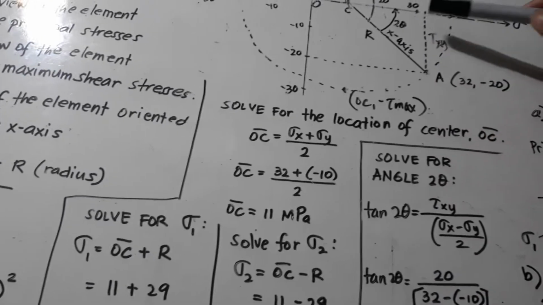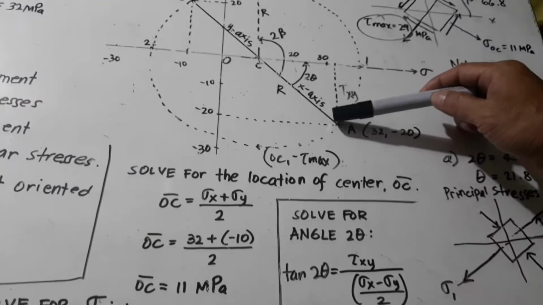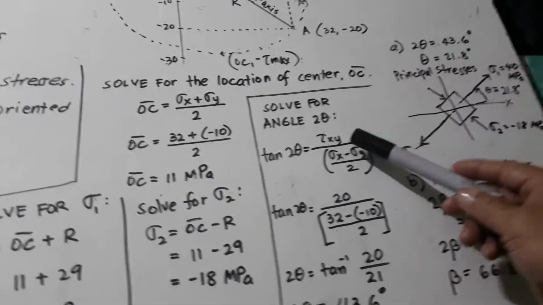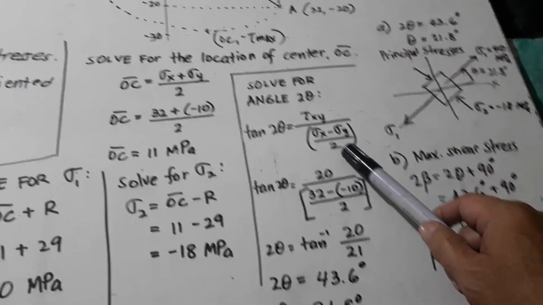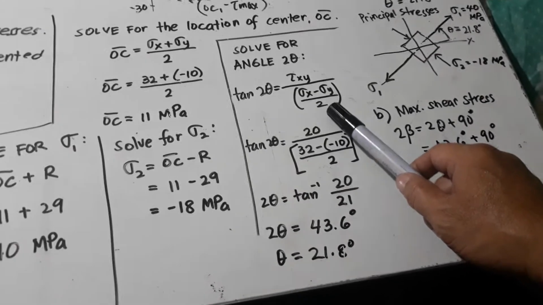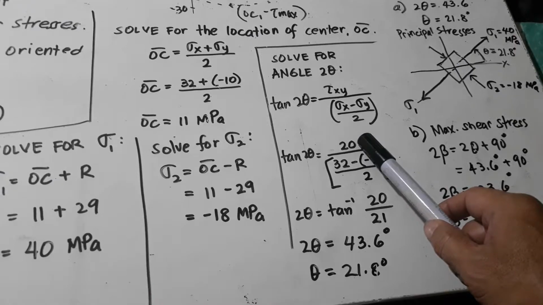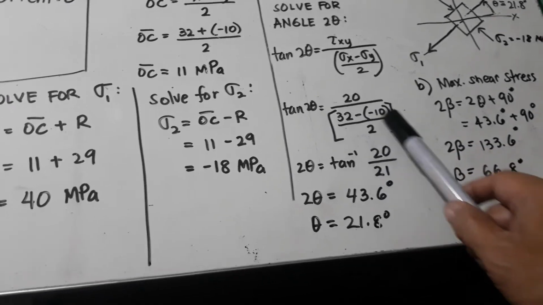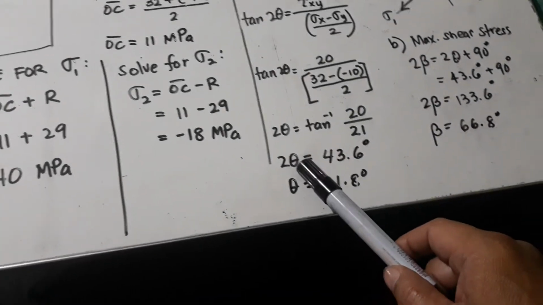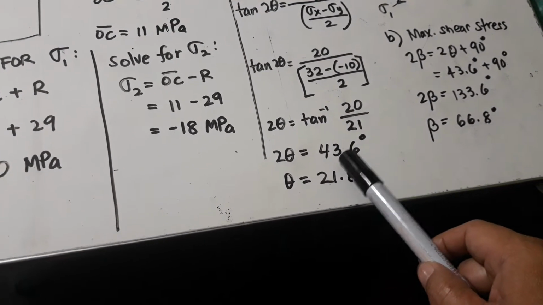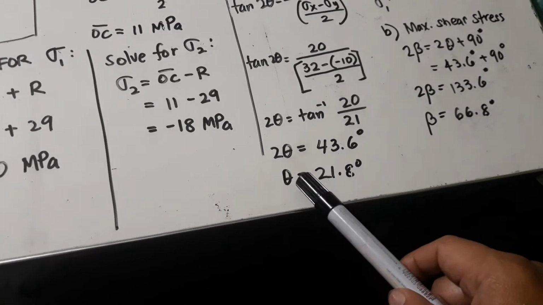Tangent of 2 theta is tau xy over this distance, so tau xy over sigma x minus sigma y over 2. Tau xy is 20 divided by this quantity. So 2 theta is equal to 43.6 degrees. Half of that is 21.8.